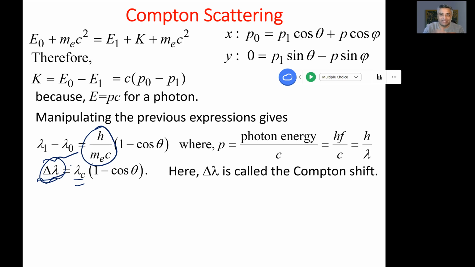And when you experimentally test that answer, you get the same value by doing the experiment as well. So the experiment supports this theory, which uses the idea that light is acting like a particle.